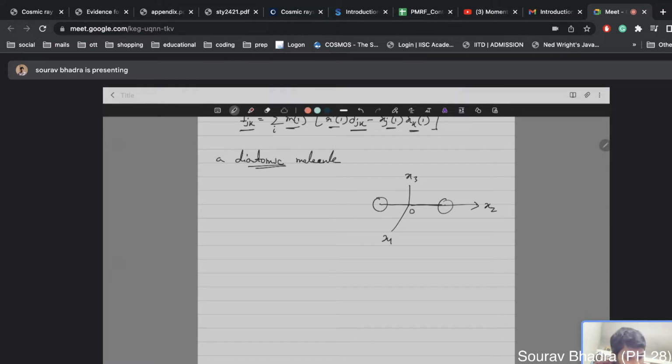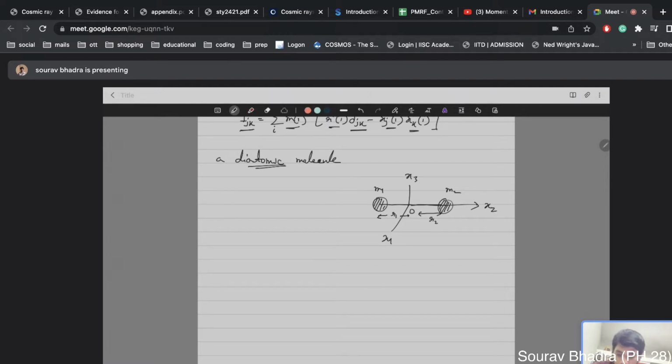And this is the origin. The distance of the first atom from the center is r1, and it has a mass m1. The second has a distance r2 from the center and has a mass m2. We are neglecting the radius of the atoms, treating them as point particles.